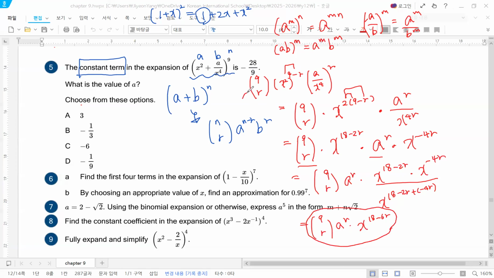So to reach this point, it needs multiple steps of the laws of indices.